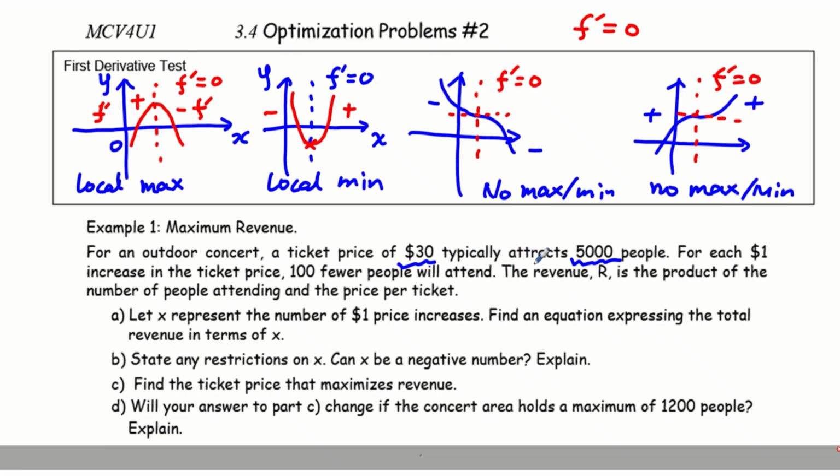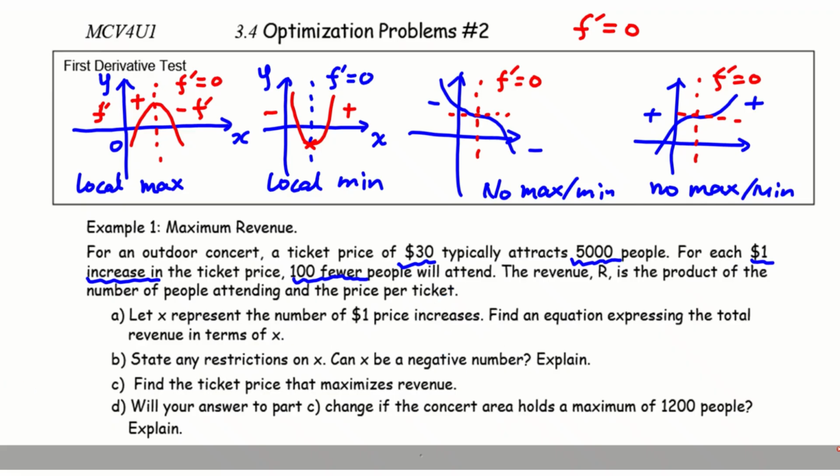A ticket price of $30 attracts 5,000 people, and for each $1 increase in the ticket price, 100 fewer people will attend. The revenue is the product of the number of people attending and the price per ticket.